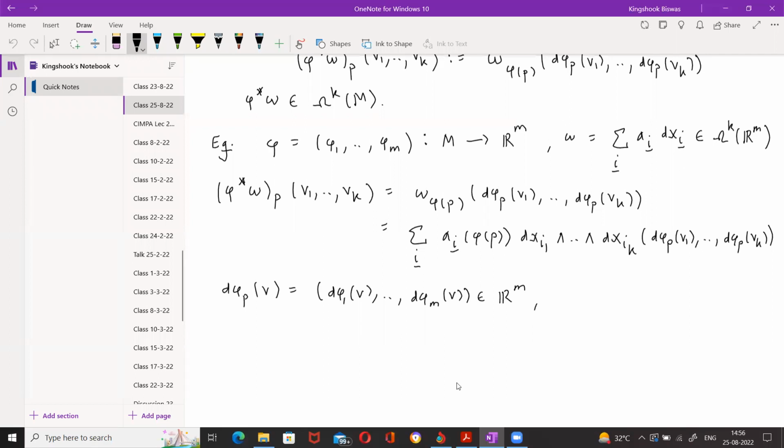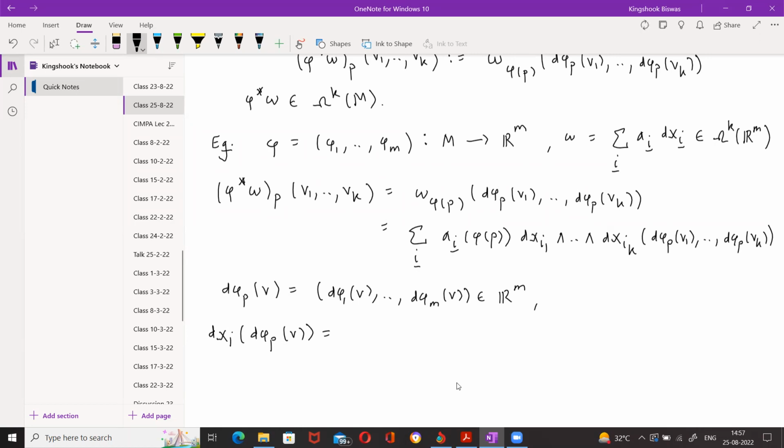It's the alt applied to the tensor product. And remember what the tensor product of these is. The tensor product will basically apply each one form here to each vector here. So what happens when I apply one of these d xi's to one of these d phi P v's? If d phi P v is this vector in Rm, what is d xi applied to this?